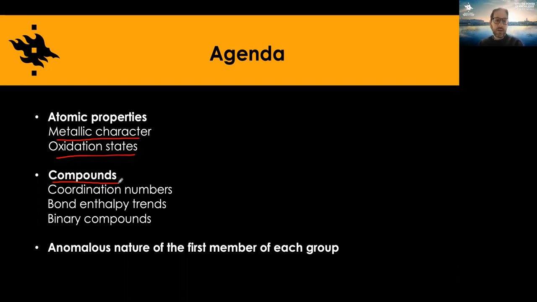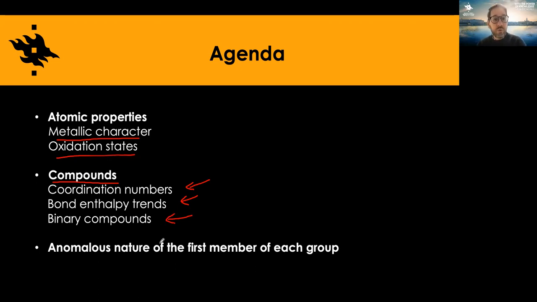More specifically, regarding the properties of these compounds, we will focus on coordination numbers, bond enthalpy trends, and we will discuss some binary compounds as well, such as oxides, for example.